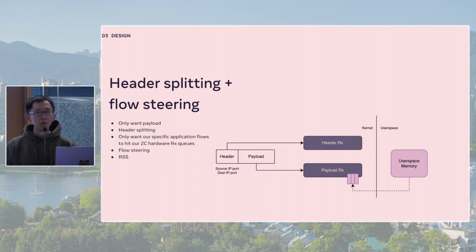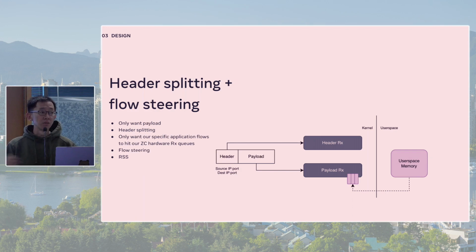And I think that was a question earlier: what do you do in that case? We only fill the payload RxQs with user space pages. The header RxQs are still backed by kernel memory. And of course, in modern hardware, we typically have a large number of RxQs, and we only want flows that belong to the application that we are optimizing for to end up in those queues that we've carefully configured for zero copy.